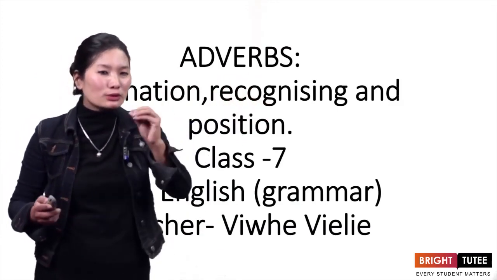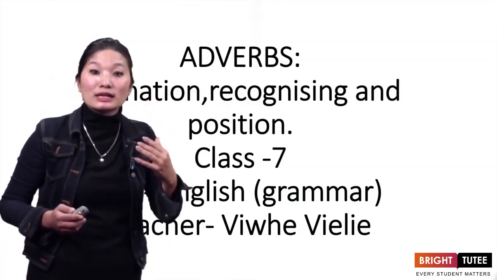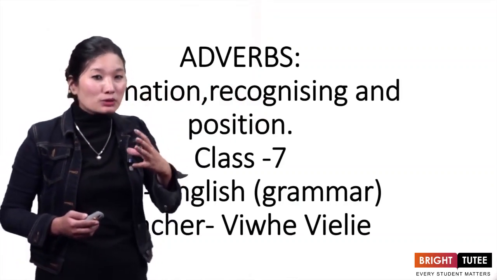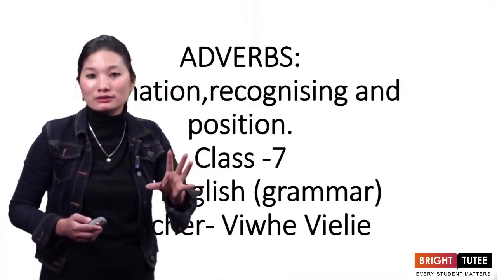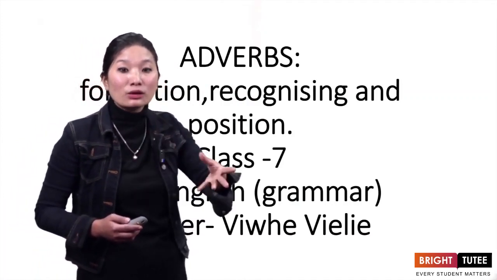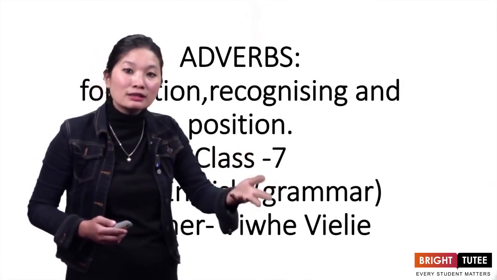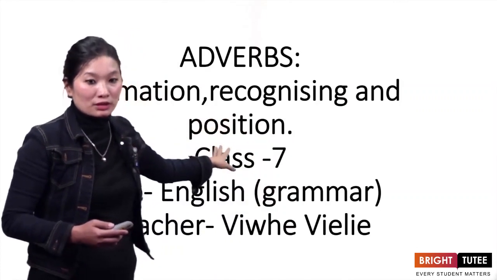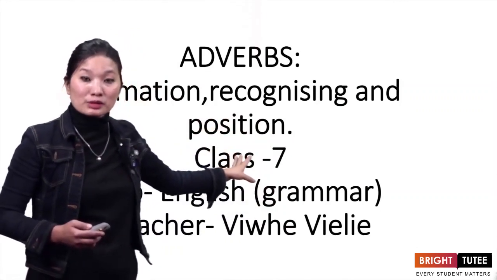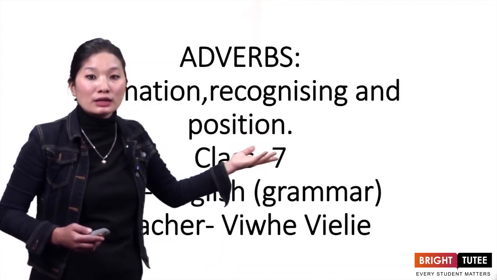We are going to recognize the different types of adverbs, because we know that there are so many kinds of adverbs, but it is also important for us to make out whether that is an adverb of place, adverb of time, adverb of manner, or so on. And the position. The position will tell you how it goes, okay?